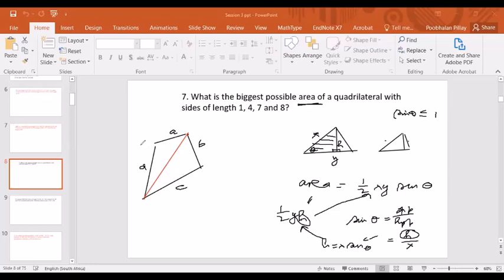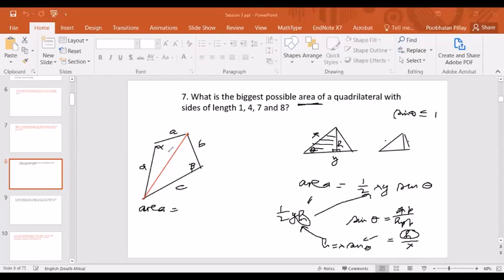So bearing all that in mind, if you need to work out the area of this quadrilateral, let's give names to these angles. Let's call this angle alpha and this beta. The area of the quadrilateral that we're looking for is the sum of two areas.